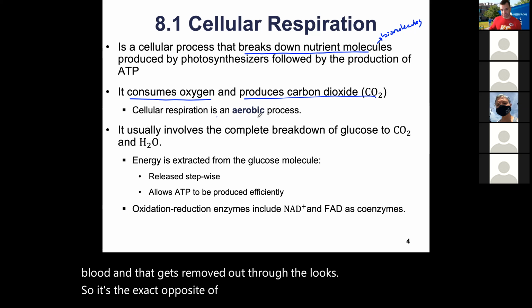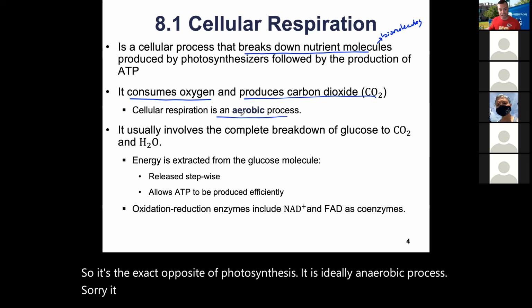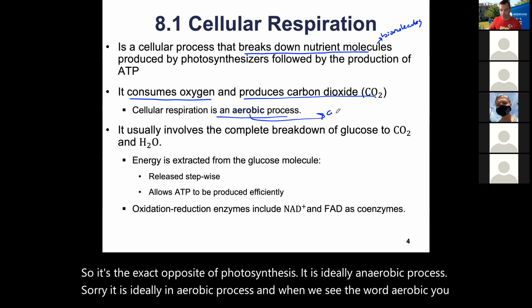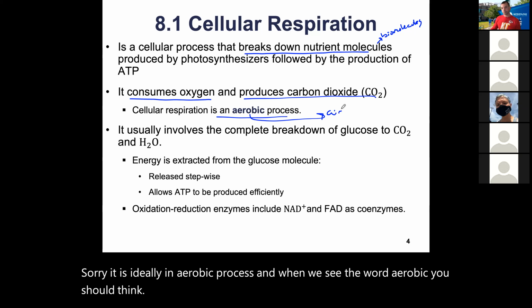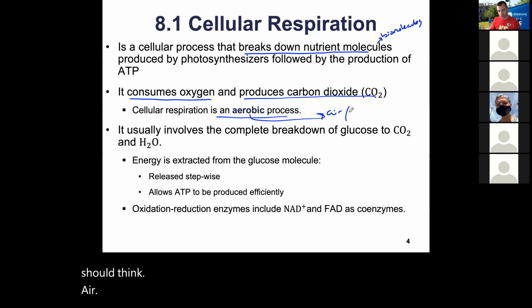It is ideally an aerobic process. And when we see the word aerobic, you should think air, oxygen. Okay. We have anaerobic respiration, and we can utilize that.